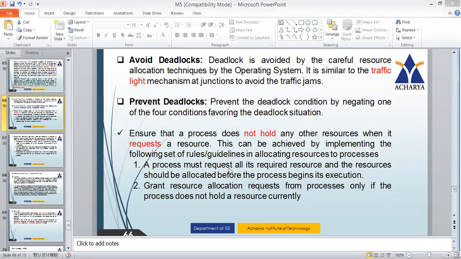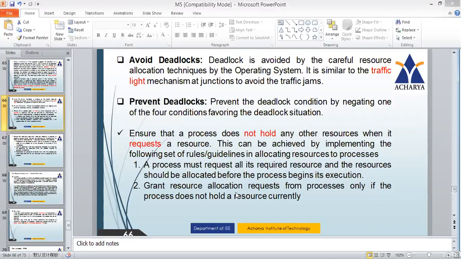A process must request all its required resources and the resources should be allocated before the process begins its execution. Means before it starts the execution, it has to request whatever resources are required by it, and it has to be allocated before it starts the execution. This is one way.